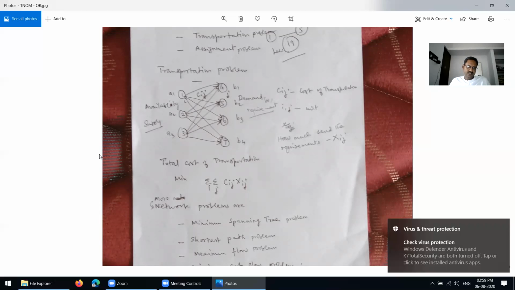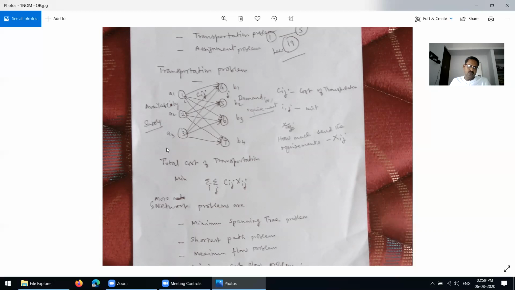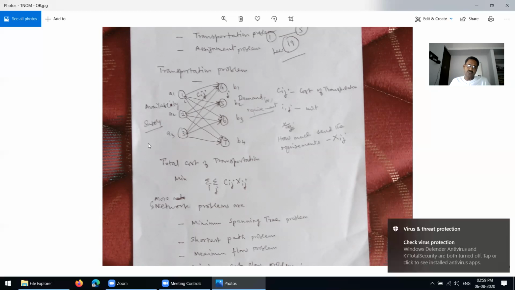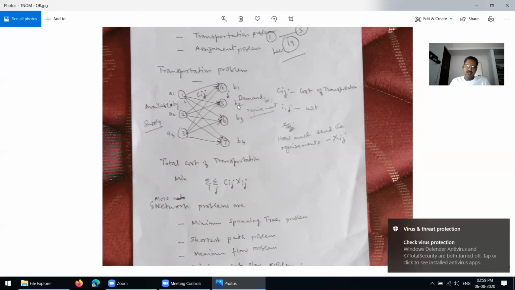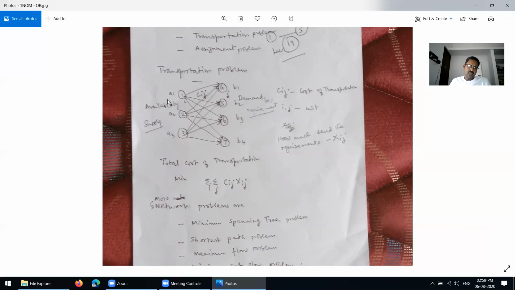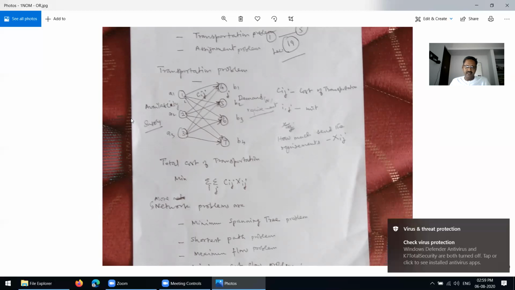Here A1, A2, A3 are the three units supplying the goods to the demand or requirement units, which are 4, 5, 6 and 7. They are denoted by B1, B2, B3 and B4, the demand or requirement units. A1, A2, A3 are the supply units, or availability of source units.